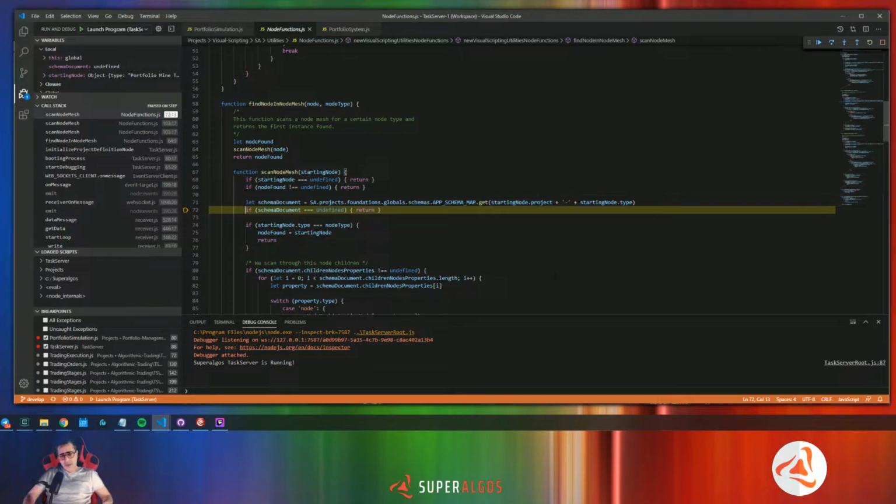Portfolio main tasks is not foundations. So what is going on?